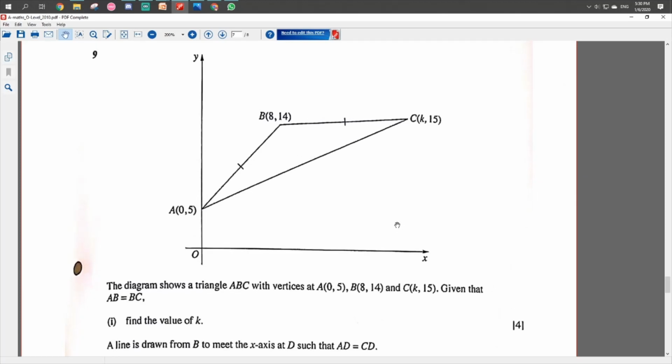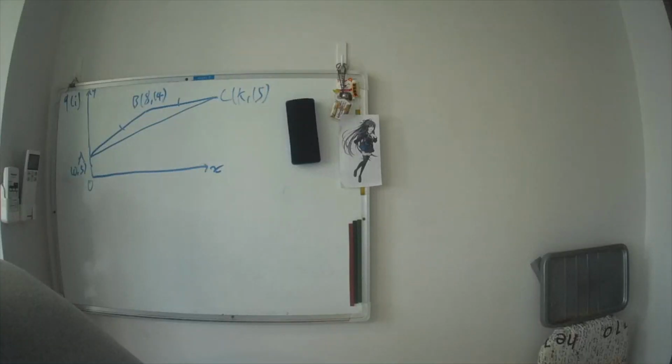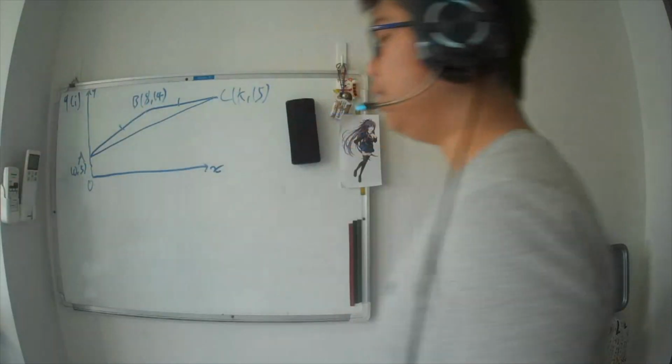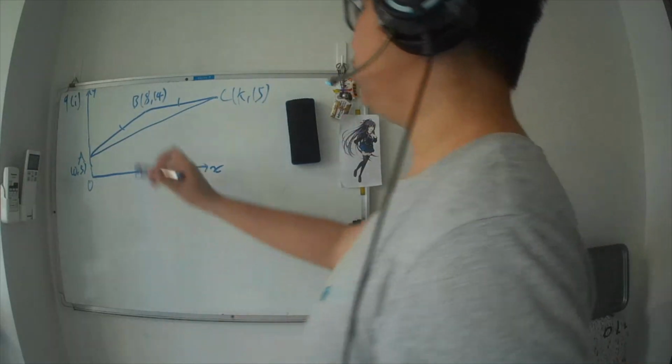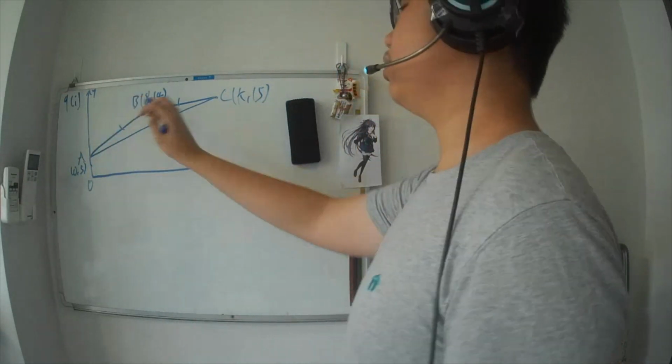Alright, let's just read the first part first. The diagram shows a triangle ABC with vertices at A (0, 5), B (8, 14), and C (K, 15). Given that AB equals BC, find the value of K. Okay, so using the length formula, I will solve for K, right?